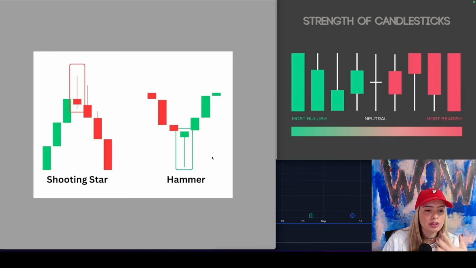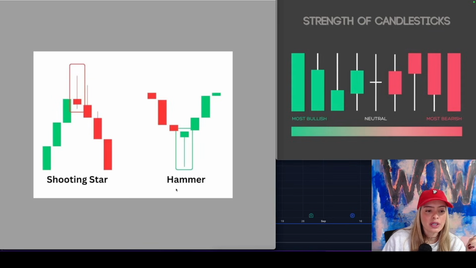So how I use this pattern: the shooting star candle has a strong wick at the top. It means that it's strongly rejecting a resistance. So if I'm trying to use this pattern, I want to see it at a strong resistance. I'm just gonna take this trade if the candle is forming at a strong resistance.